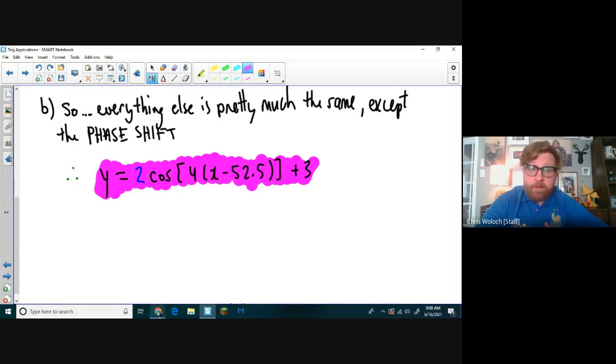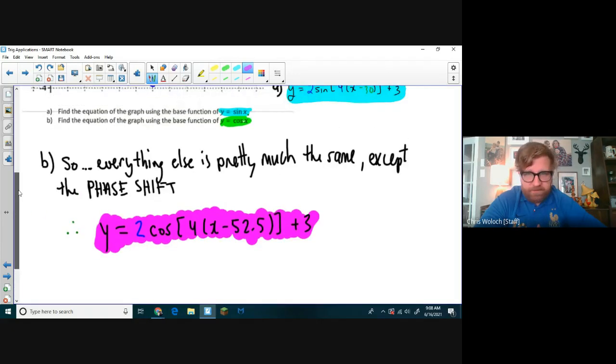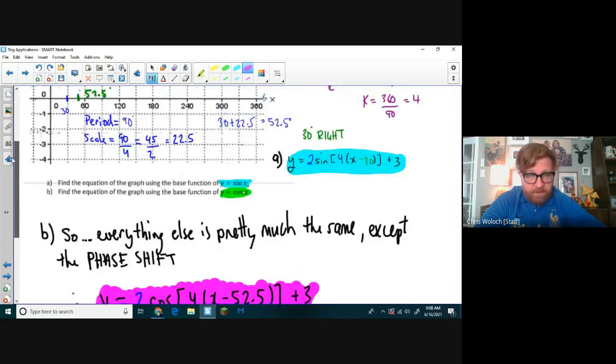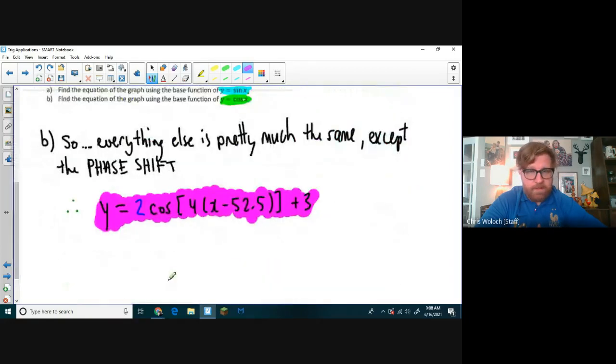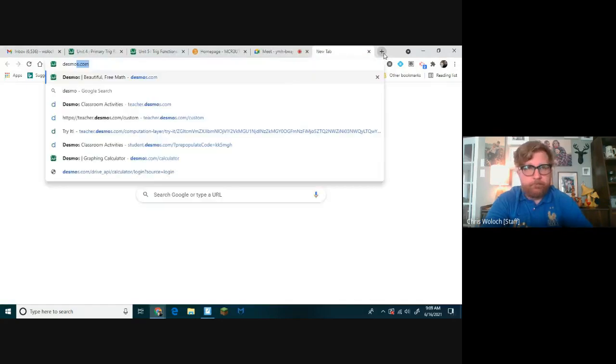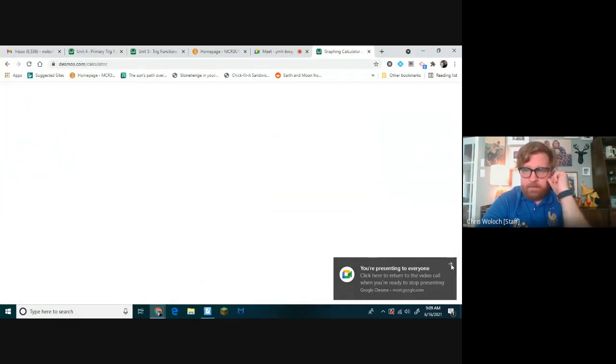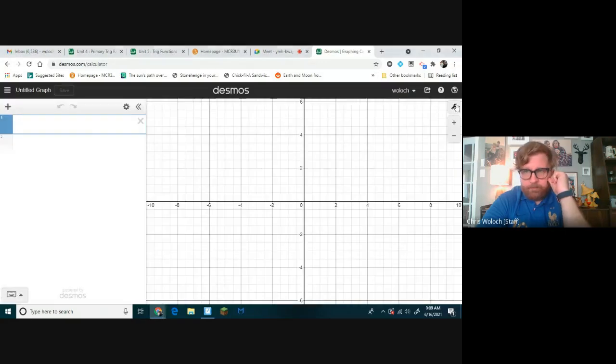Now, the beauty about all this is that, let's just check. I feel pretty confident, but just so that you don't have to believe me and you can believe the graph, let's go to Desmos right now, just for fun, and go to the graphing calculator. I'm just going to type these two equations, and hopefully they actually give me only one graph.